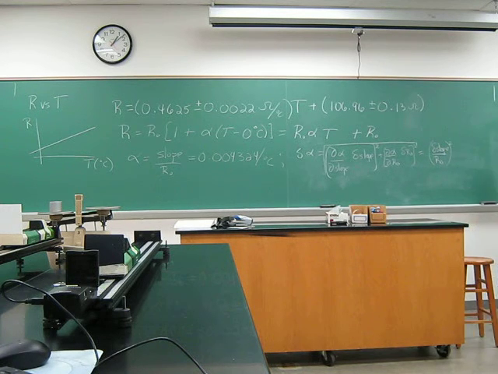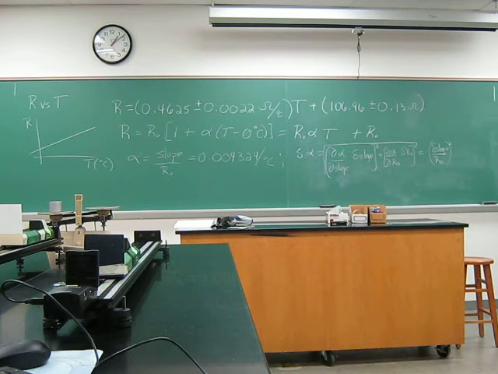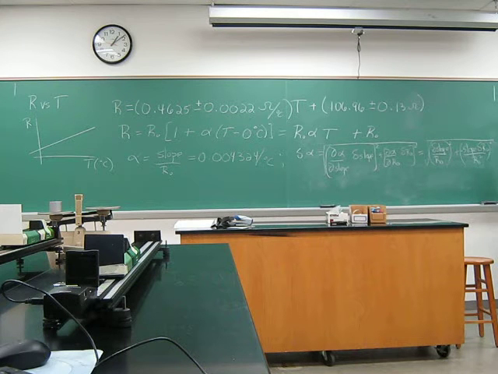Okay, the partial of alpha with respect to R naught is minus slope over R naught squared. There's a minus sign, which really doesn't matter in the grand scheme of things because we're going to be squaring it. Okay. And you have the uncertainty of the slope.